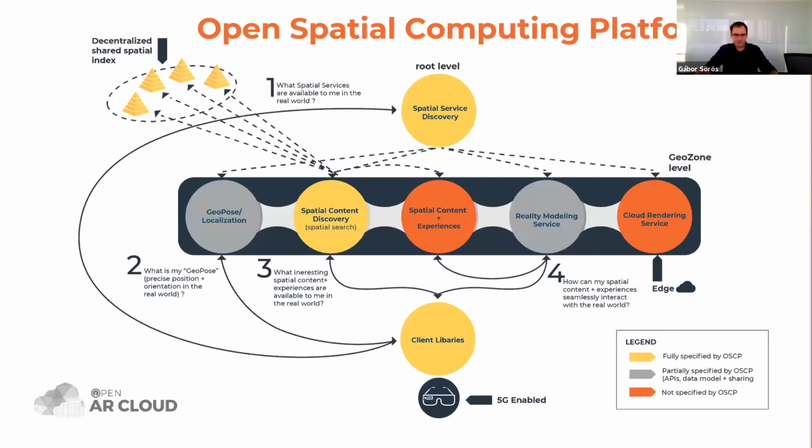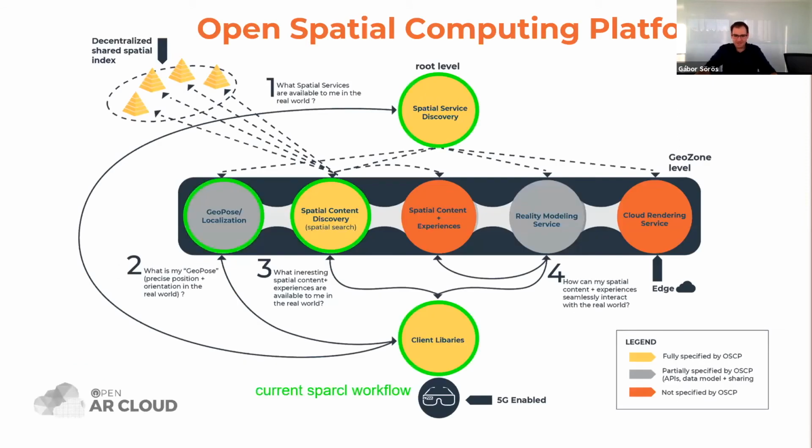So we have seen this figure several times today already. We talked about these four green circles, and this is exactly the typical workflow that Sparkle follows. It goes to the spatial service discovery, then it retrieves a localization service, it sends an image to this localization service, gets back the GeoPose, and then goes to the content service with the given GeoPose, and then queries the AR contents available.